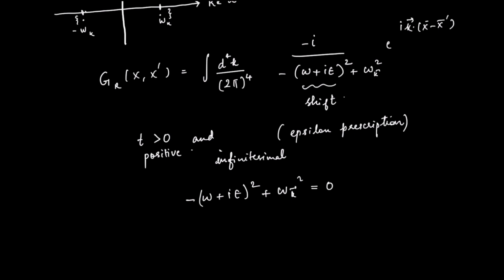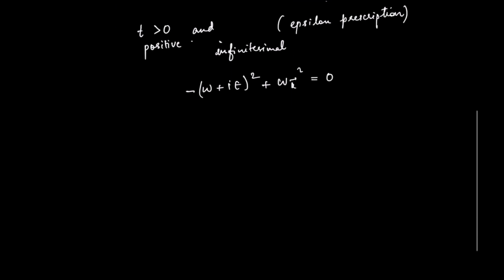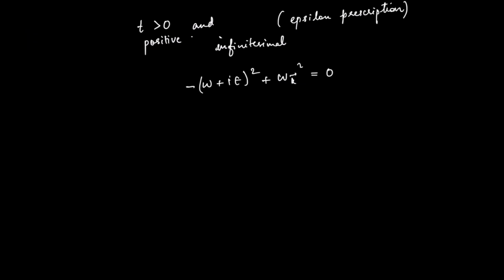This will give the poles. Now let me see how the poles are getting shifted. If this is the case, then omega is equal to plus or minus omega_k minus i epsilon. If the epsilon is not there, then it's the ordinary case, omega is equal to plus or minus omega_k. But here I have plus or minus omega_k minus i epsilon.